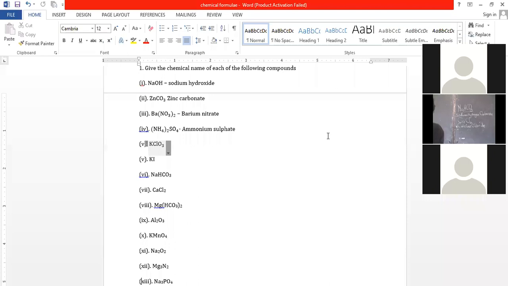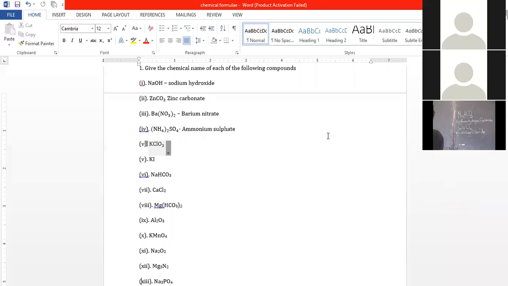Ntongo's hand is up. Yes, Ntongo? Teacher, how do you name the eighth compound? Because it looks different. Why does it look different? Teacher, I thought it would be magnesium hydrogen carbonate, but then there is a 2 at the end. And I know compounds that have a 2 end with "ide".